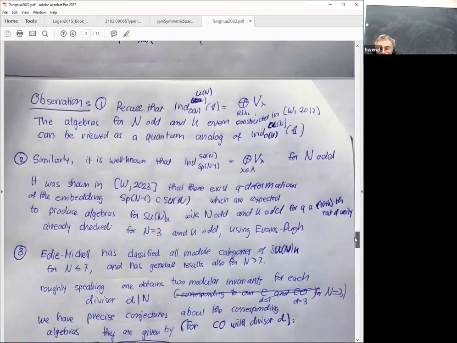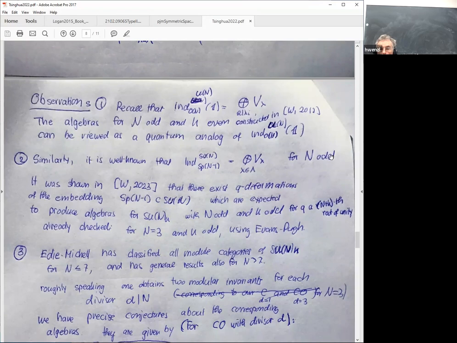However, in a more recent work, which will appear in 2023, we considered the inclusion of the symplectic group Sp(n-1) into SU(n) for n odd.